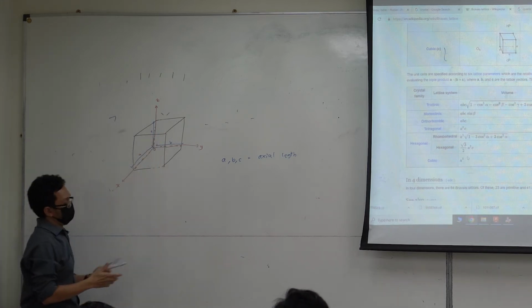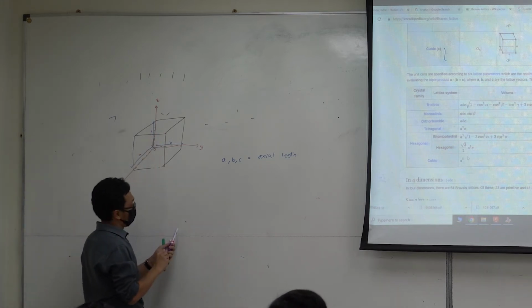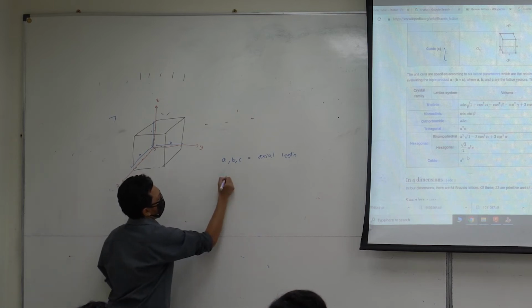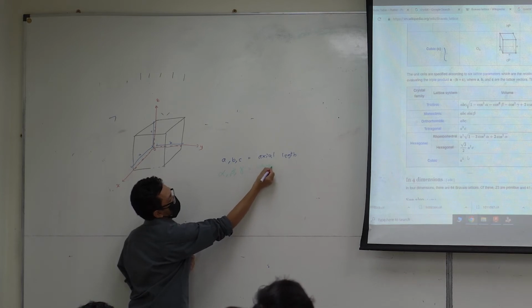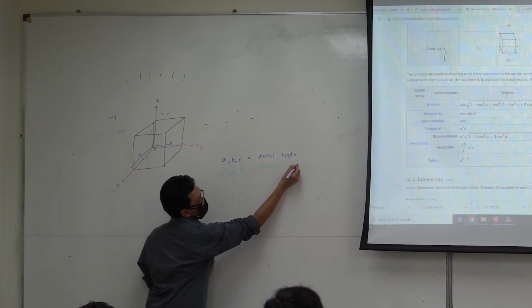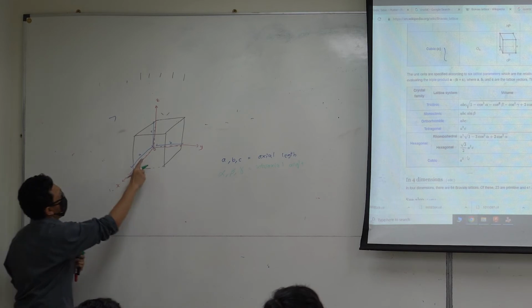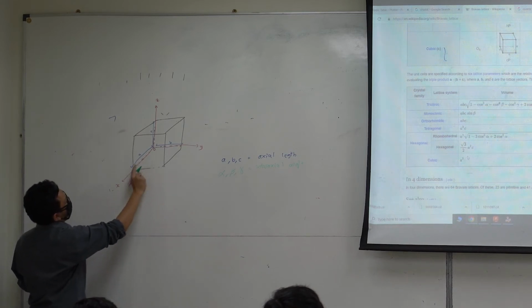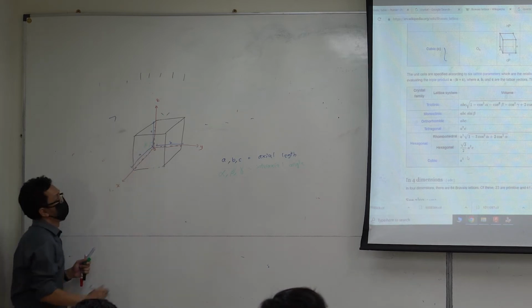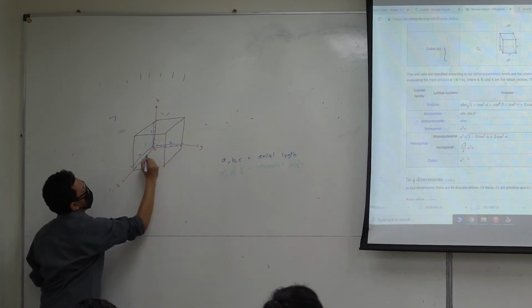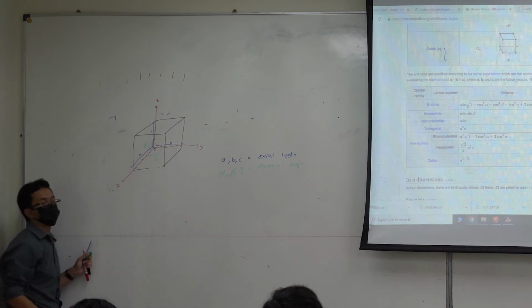When you see what we call alpha, beta, and gamma, that is the interaxial angle. What does it mean? Between A, for example, between X and Z, this is beta. Between X and Y, this is gamma.